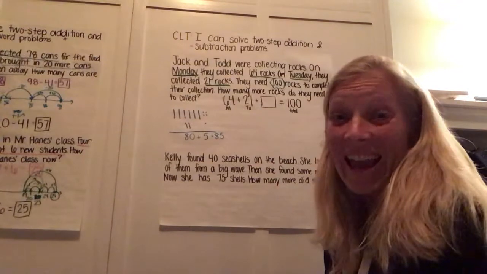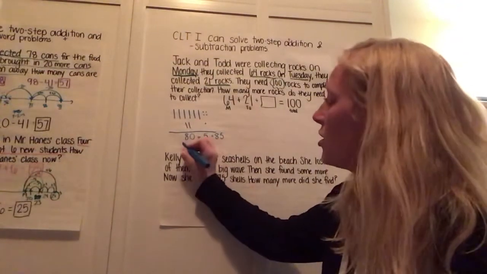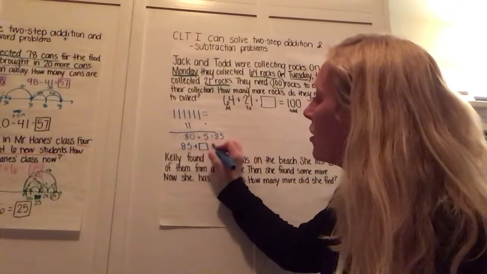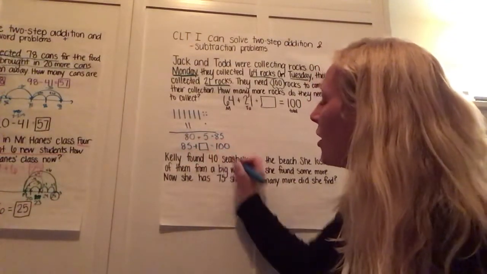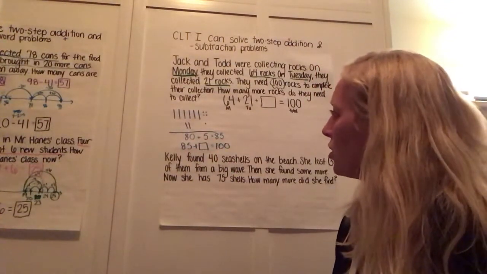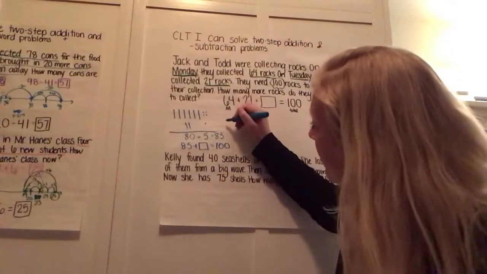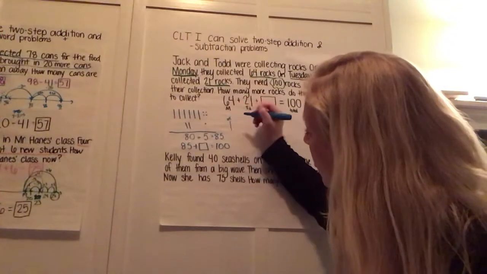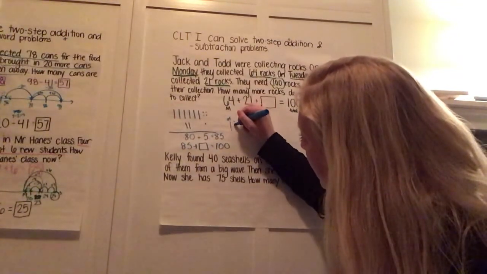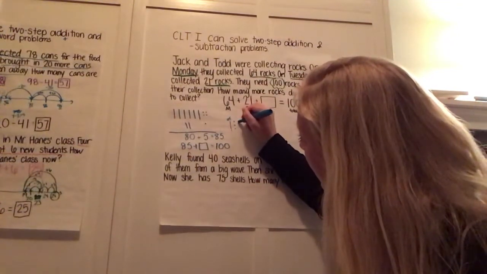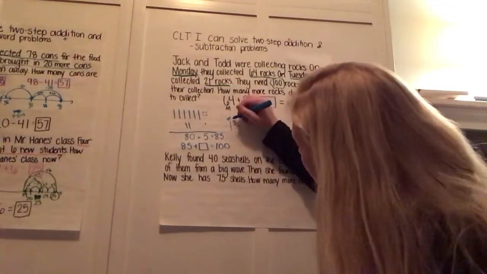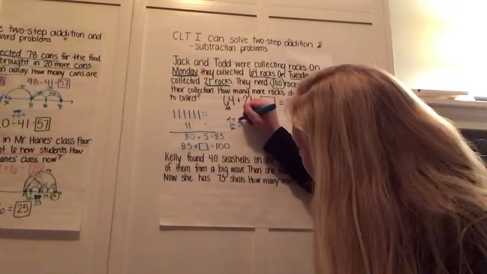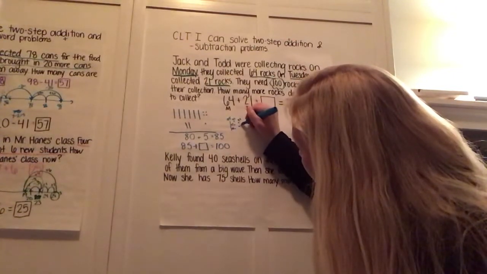She said 85 is where she's got, and she has to get some more to get to 100. So she's going to do 85, 95, that's 10 more, 96, 97, 98, 99, 100.